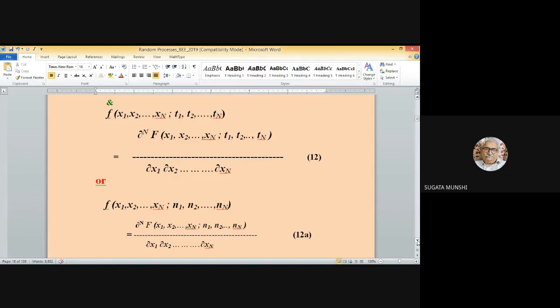Ideally, capital N has to be infinite for proper representation of the random process. So it appears to be a completely impossible task, unless there is some simplifying assumption.